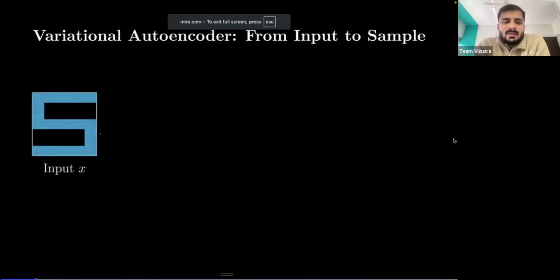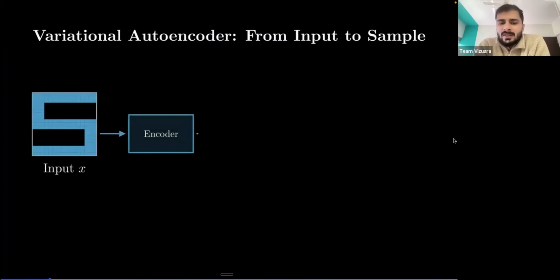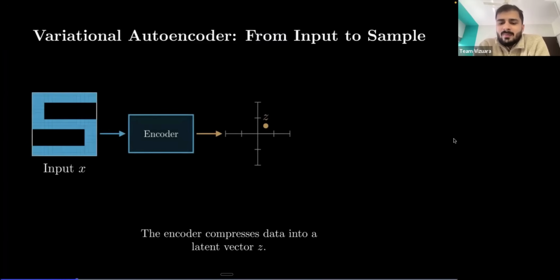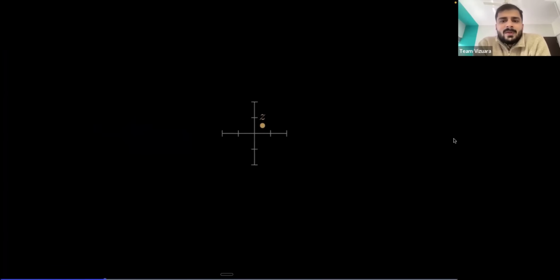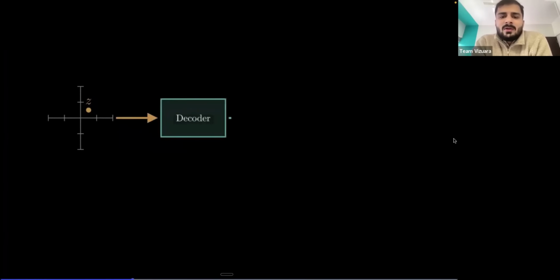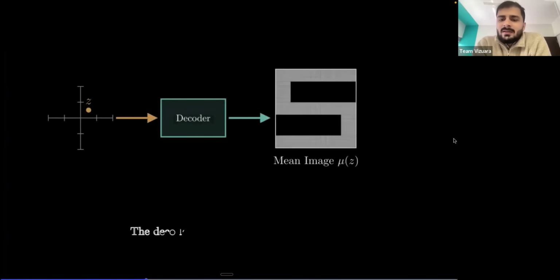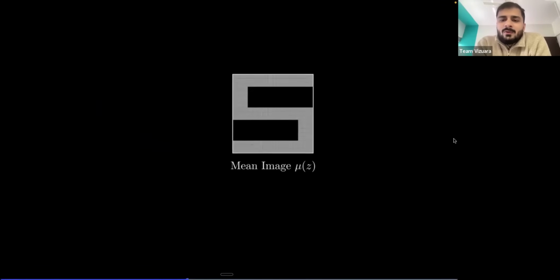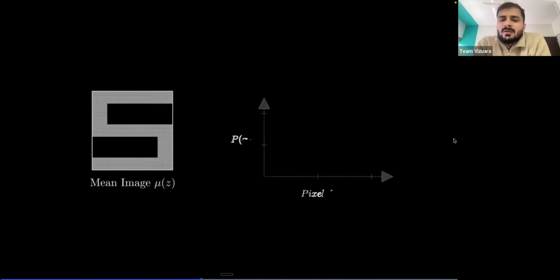Okay, so the input is this image. We first encode it and we transform it into the latent space. The encoder compresses this data. That's fine. We have already looked at this. Now we take a point in the latent space and pass it to the decoder, and we generate not just a mean image, which is the mean values for all the 784 pixels, but we predict the probability distribution for all the pixels.